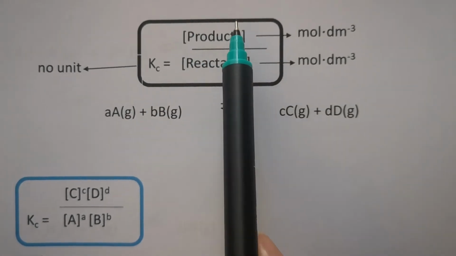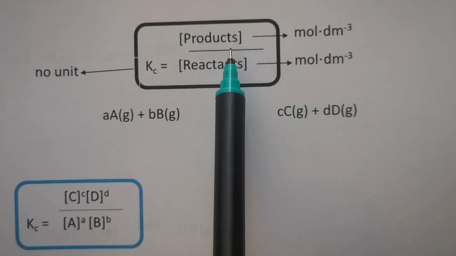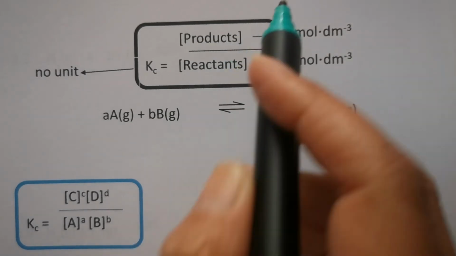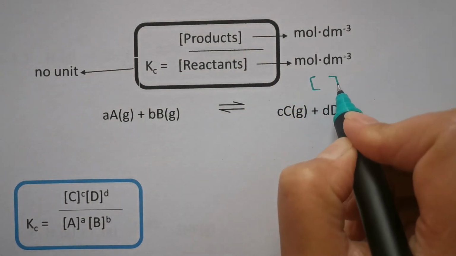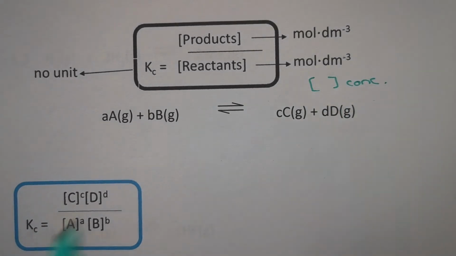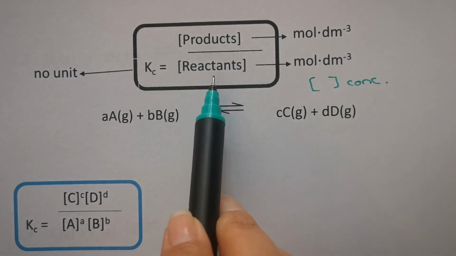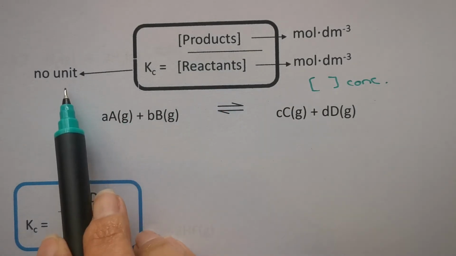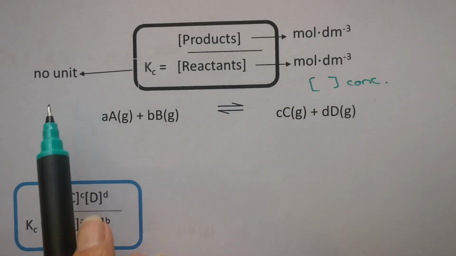Very important: these square brackets are an indication of concentration. So whenever we put something into a square bracket, we're actually talking about a concentration. So this is concentration of products over concentration of reactants. Remember, Kc has no unit because it is a ratio.